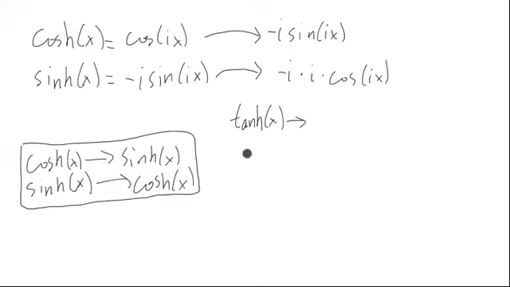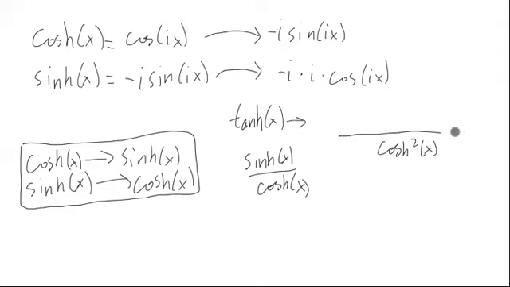So we think of tanh as being sinh over cosh, and we can use the quotient rule here. So we have cosh squared on the bottom. On the top, we have the derivative of sinh, which is cosh, but then times cosh, so it's just cosh squared. Then minus sinh times the derivative of cosh, which is sinh, minus sinh squared.